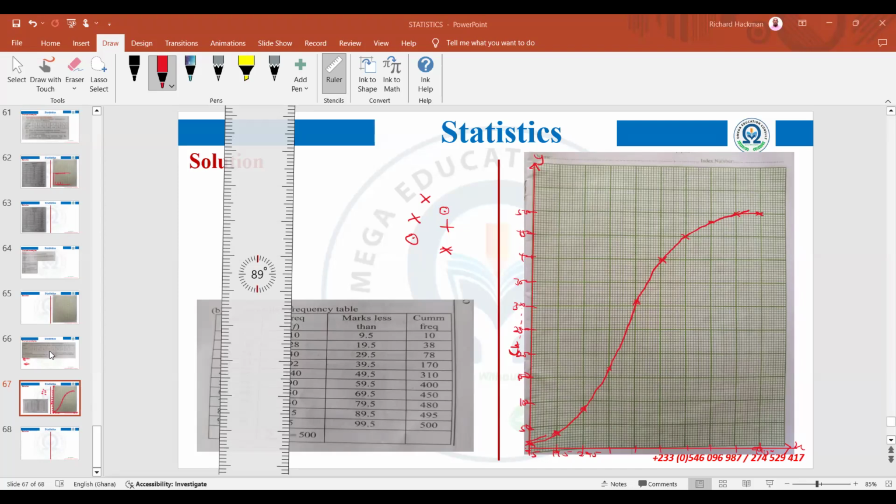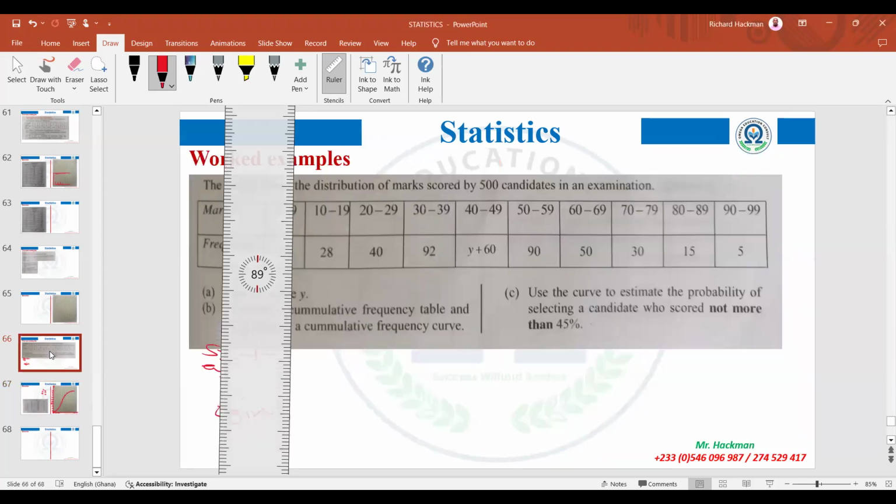I said, always go to the question. Let the question guide you. The question asks you to draw what? A cumulative frequency curve. Okay, but the cumulative frequency curve for what? For the marks distribution. Is that okay for this information?